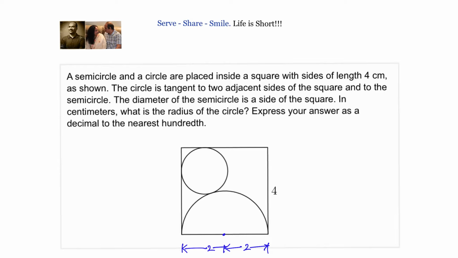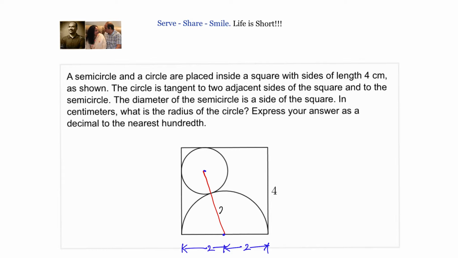Now let's try to locate the center of the circle and join them together. Whenever we have touching externally, the distance between the centers will be the sum of the radii.